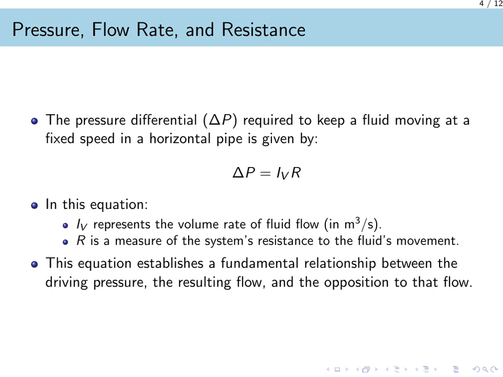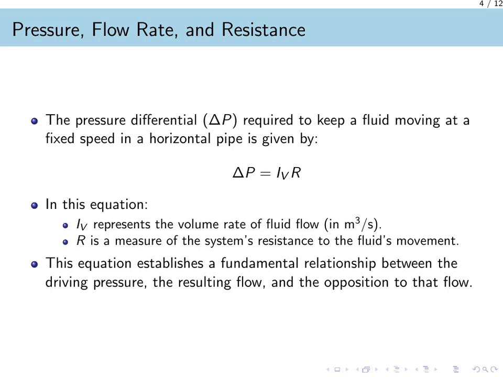In this formula, delta P is the pressure differential between 2 points in the pipe, which acts as the driving force. The term I sub V represents the volume flow rate, telling us how much fluid moves through the pipe per unit time, for example, in cubic meters per second. The final term, R, is the resistance, which quantifies how much the system opposes the fluid's movement.